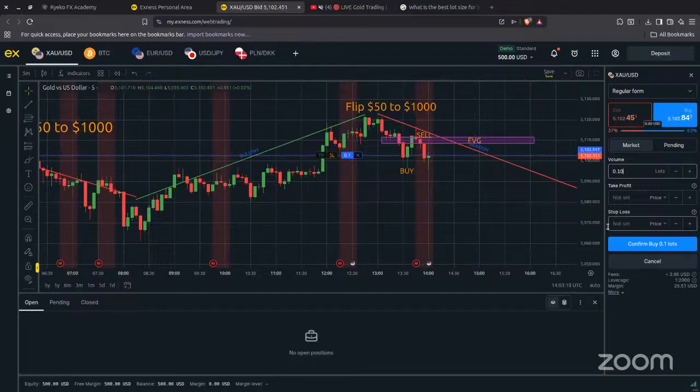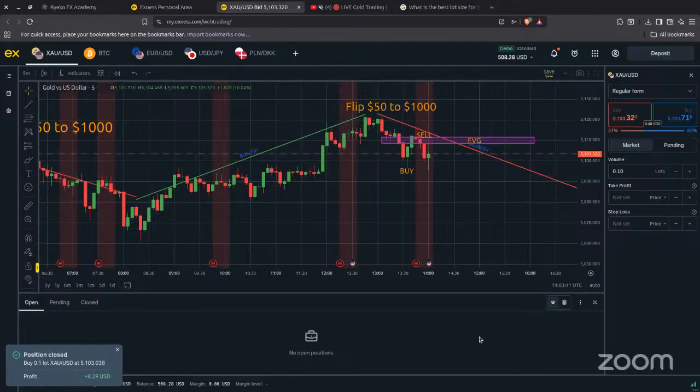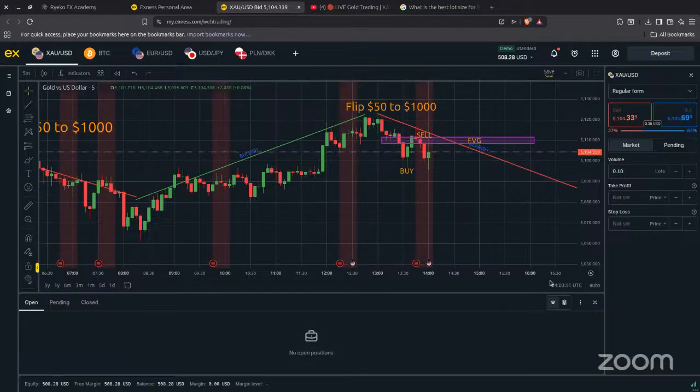So let's see. So it's a sell. I don't have time for that waiting forever, man. I need to make money. I need to push the account. I think trading next week is gonna be crazy here.